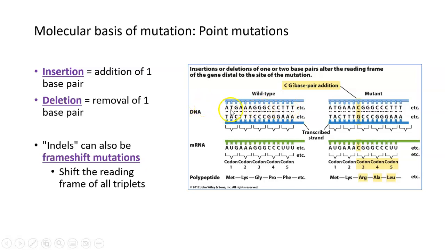As they read each of those triplets, they convert them into the string of amino acids down here. One issue when you add or subtract a base pair in that reading frame is that you can shift all the bases down one direction or the other. Here in this case, we have an insertion of a C at this position.